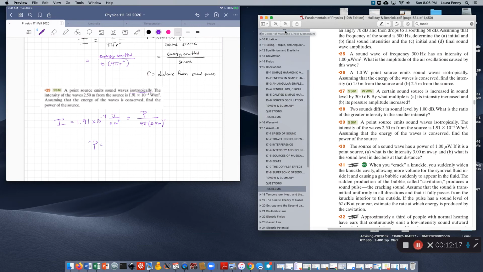And we get 1.50 times 10 to the negative 2. And that's going to be watts or joules per second.